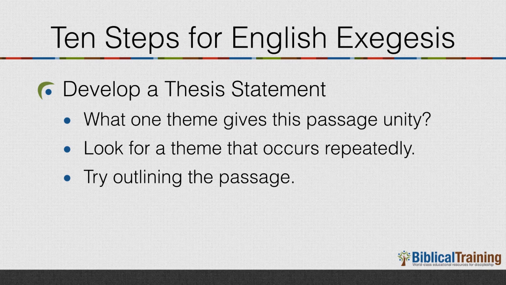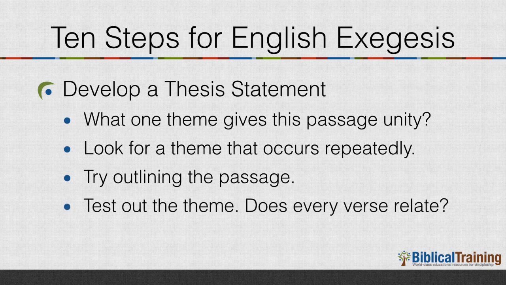Here's a fourth hint for how to identify the main idea. Test out a theme. Ask, does every verse relate to this theme? Now, if we had done that with the psalm, we would have seen there were problems with identifying solely the shepherd image. Here's the question. Ask, does every single line, every sentence relate to this theme?